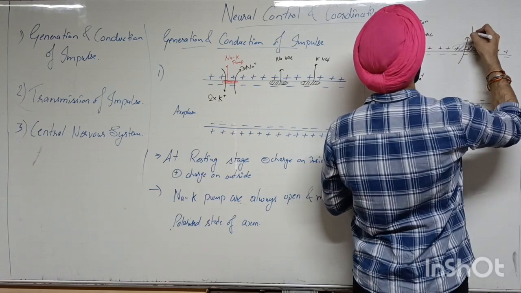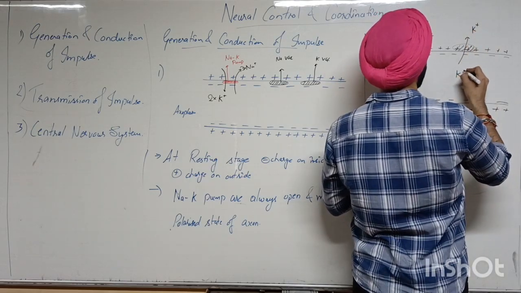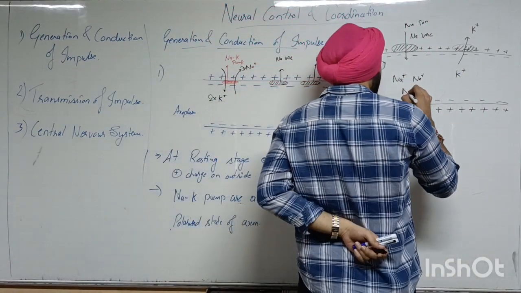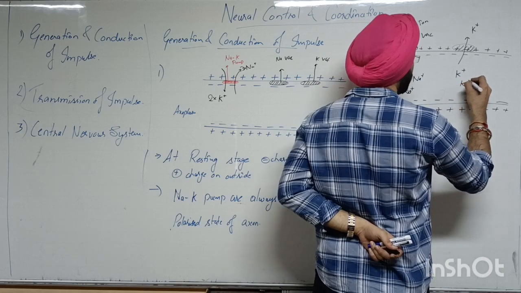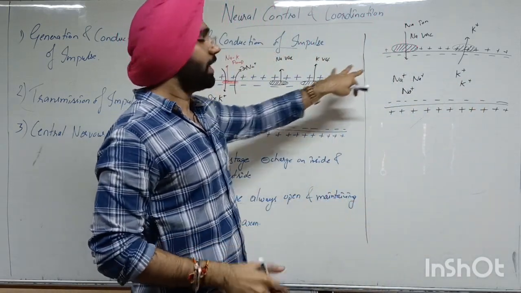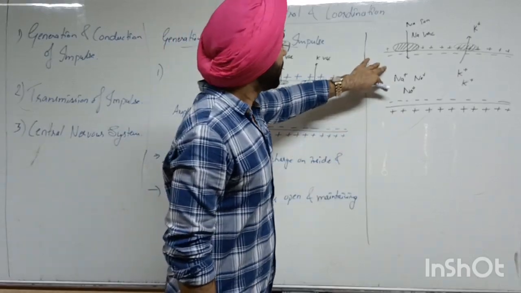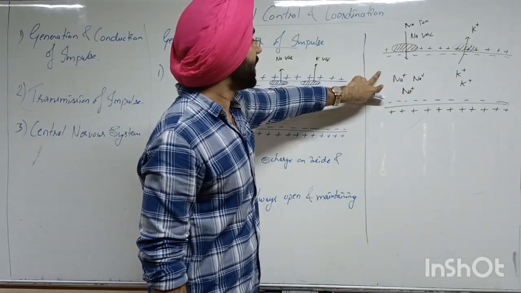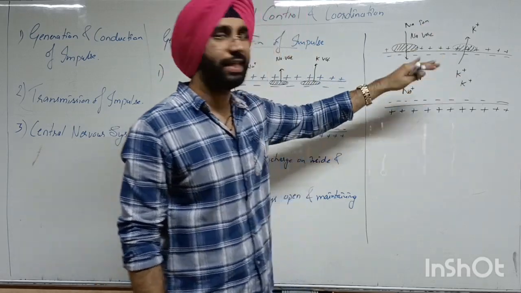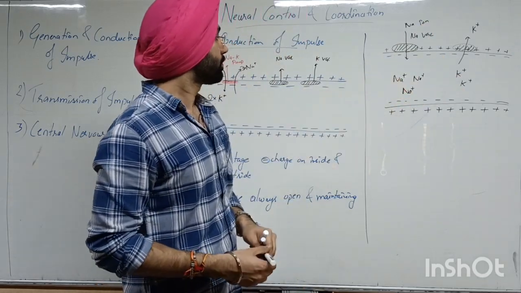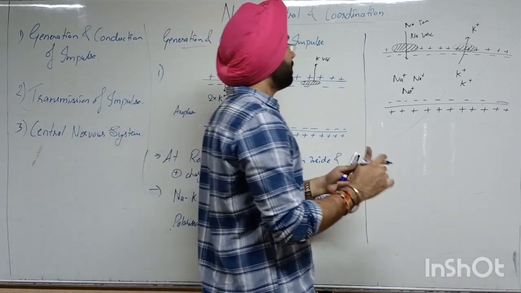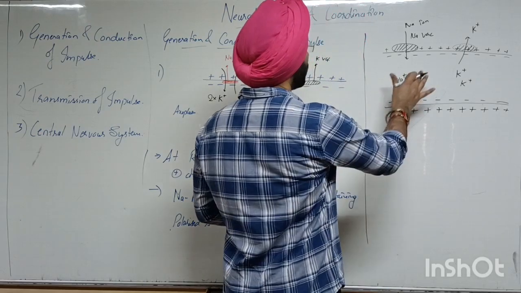Now you can understand the condition. 3 sodium ions are coming inside, and 2 potassium are going outside. So these voltage gated channels are trying to generate positive charge inside the axoplasm across the membrane. So this is going to happen.